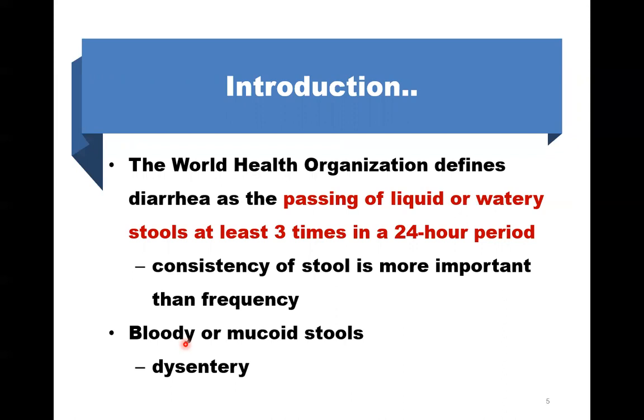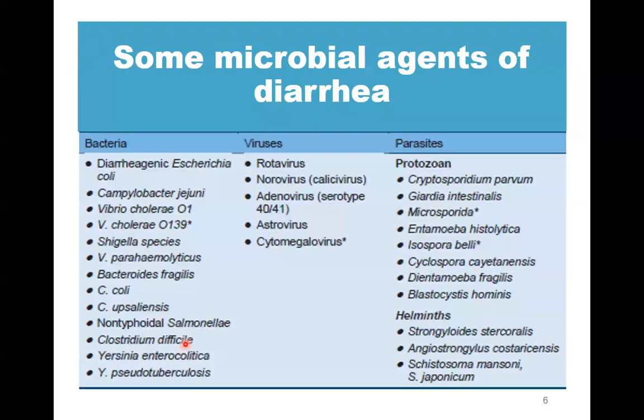Is that clear? At times, the diarrhea could be bloody or mucoid or bloody and mucoid. In that case, we refer to the stool as dysenteric stool. As you can see, you have a wide spectrum of agents that can cause diarrhea. Bacterial agents, parasitic agents.